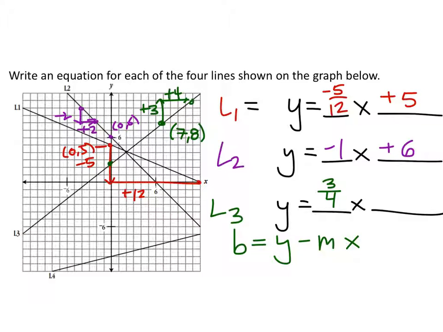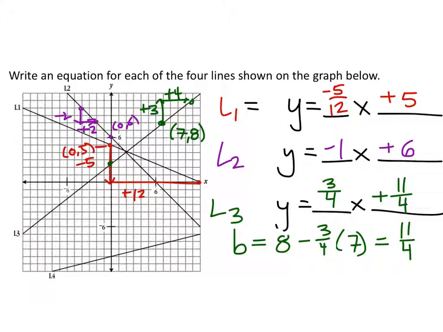I'm going to replace the y and x values respectively. The x is 7 and the y is 8. And the slope is 3/4. When I plug this into a calculator, I get 11/4, and that would be the y-intercept, a positive 11/4. So that would be the equation for line 3.